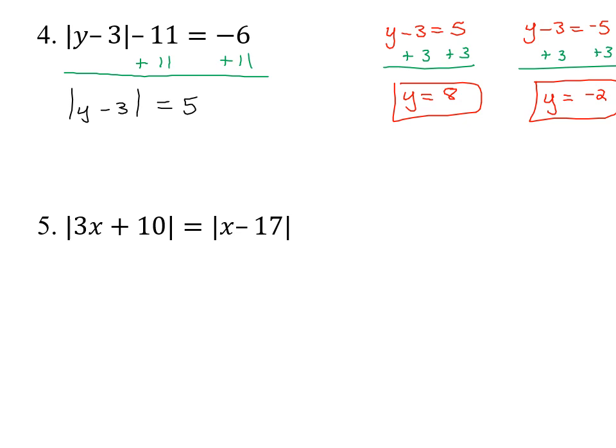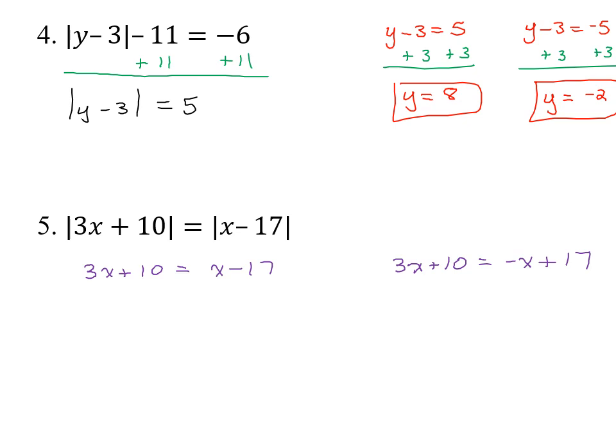Now, it is possible to have absolute values on both sides. In that case, what we'll do is the same thing, where there's no rearranging here like we did on number 4. You just have to jump in and make two equations. You'll either say that 3x plus 10 equals x minus 17, or you say 3x plus 10 is negative x plus 17.